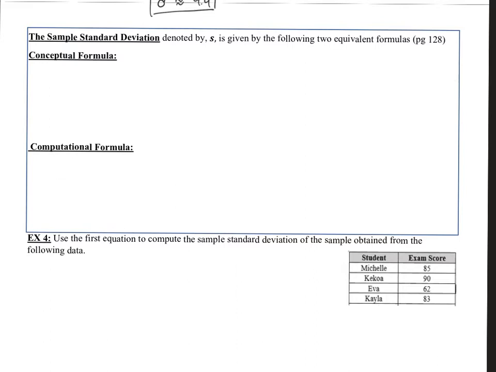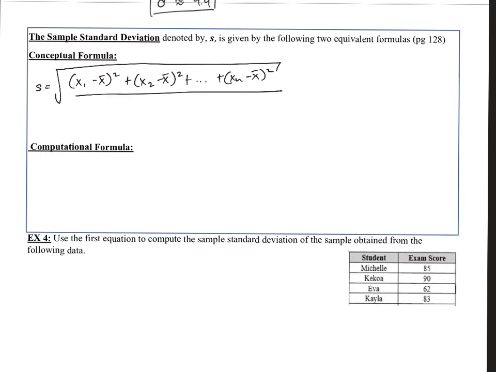We have the conceptual formula, which is s equal to, very similar to the one previously, you're taking your differences between the mean and the observations, adding them up, and dividing by your observations minus 1. So once again, please note, this is your mean, sample mean, and the x sub i's are your observations.